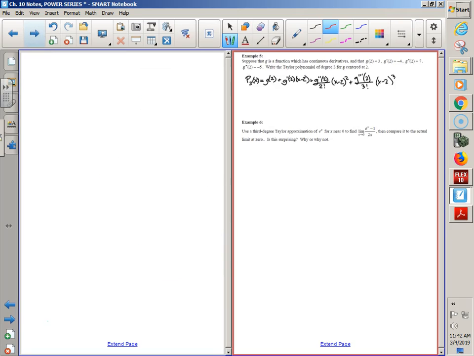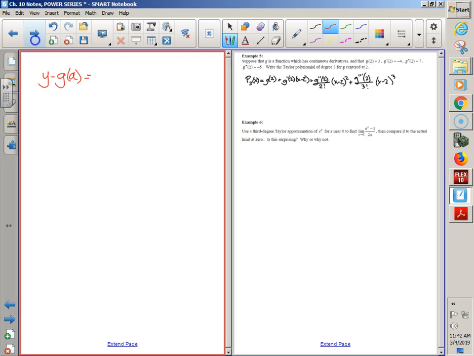If I was doing a tangent line, I would do y minus g of 2 equals g prime of 2 times x minus 2. Remember, my local linear approximation would be g of a plus g prime of a times x minus a. The Taylor polynomial just says, but there's more. So that's where we start off, as a local linear approximation, and then move on.